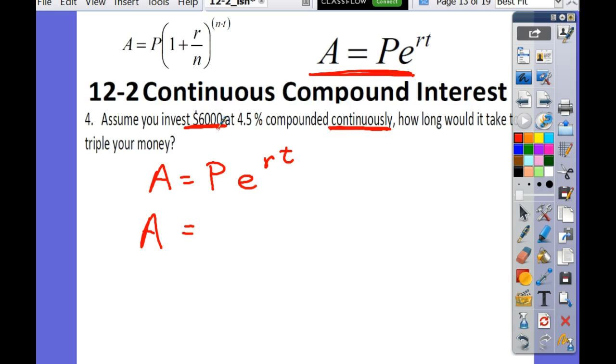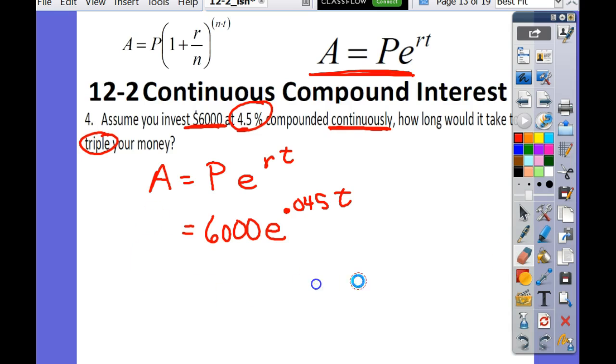The 6,000 is what? P. R is this number divided by 100. Do we know what the T is equal to? But we have one more word here. What does it mean to triple the money? If I start with 6,000 and I triple it, how much am I going to have?